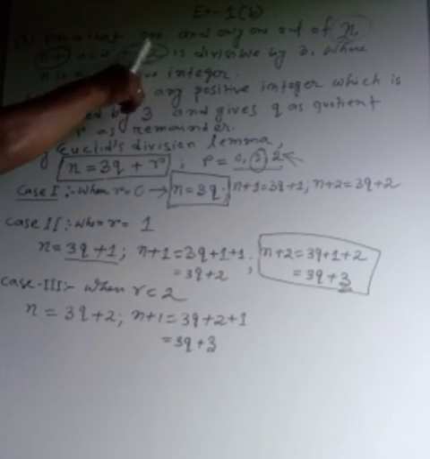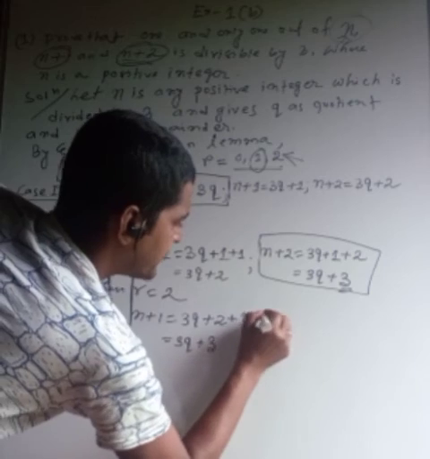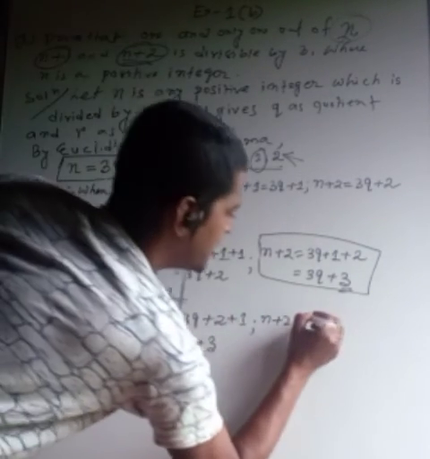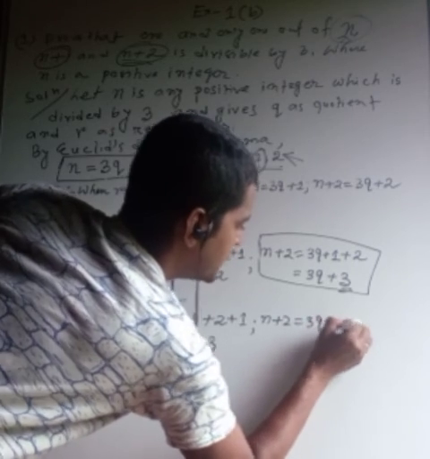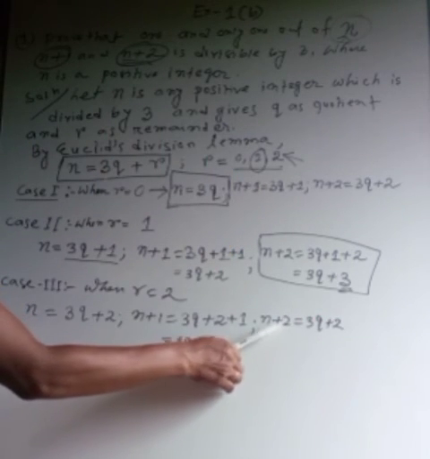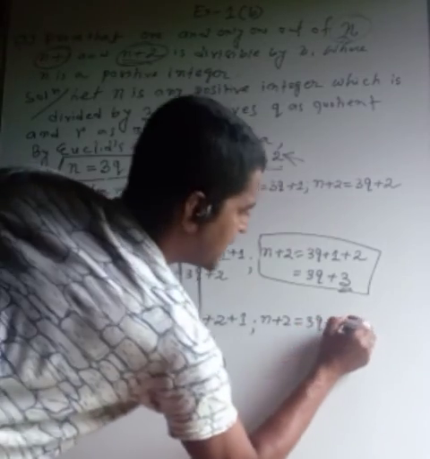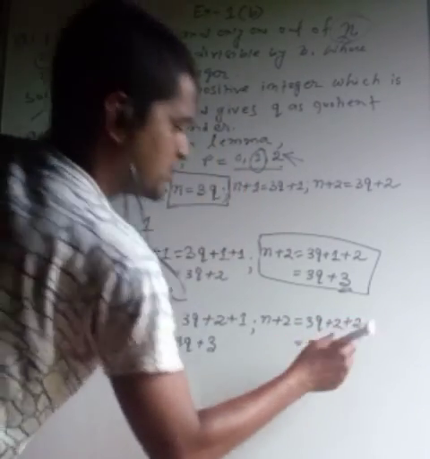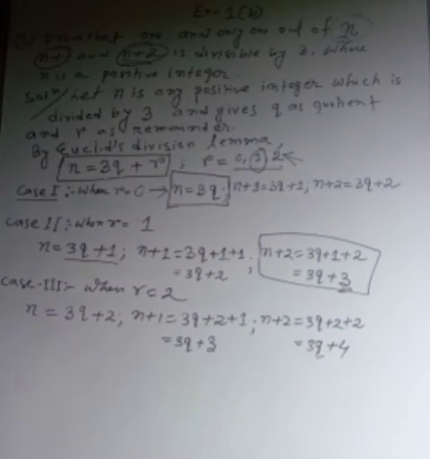This is n plus 2. n plus 2 equals, n value how much? 3q plus 2. Then here again plus 2 remains, so 3q plus 2 plus 2 will be 4.